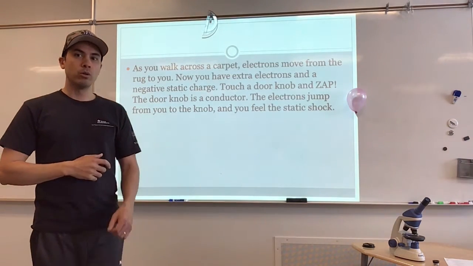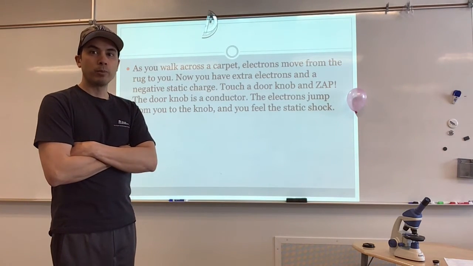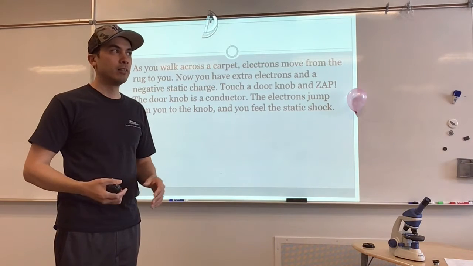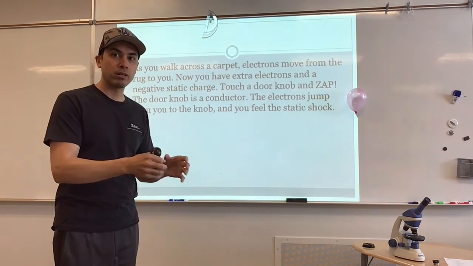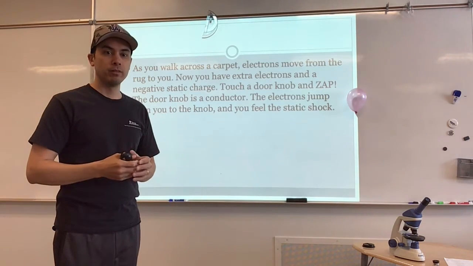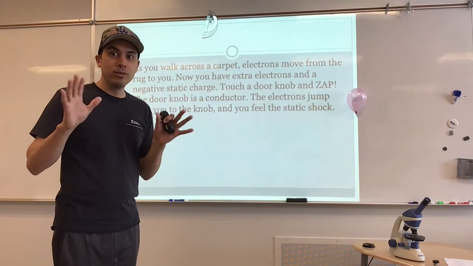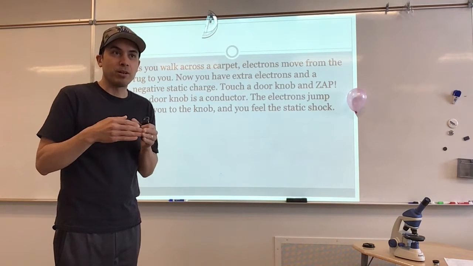Sometimes when we go to the park, my kids will slide down the slide, and many times when I go to catch them, there'll be some type of spark given off. Sometimes when they're coming down the slide, they'll say, "No, don't catch us," because they're afraid of that spark.